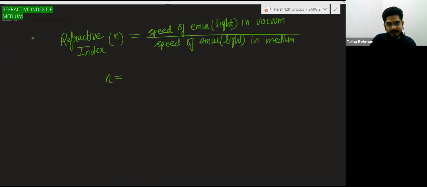So refractive index n can be written as c by v, where c is the speed of light in vacuum and v is the speed in the medium.